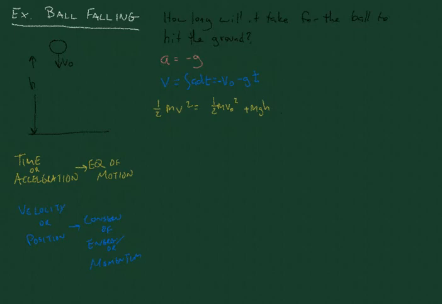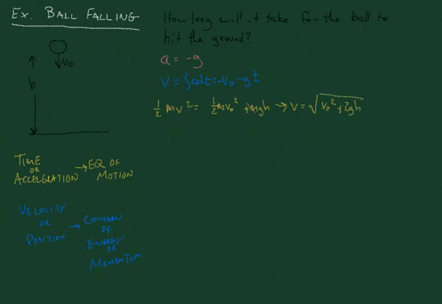In other words, if we cancel out the masses and multiply by 2, we see that v is equal to the square root of v0 squared plus 2gh.